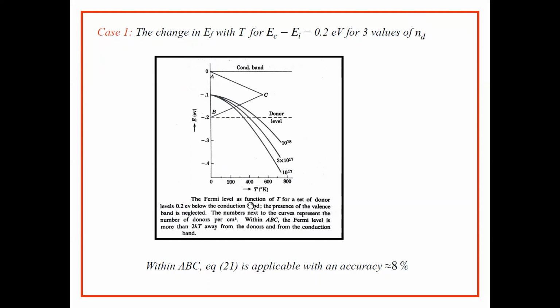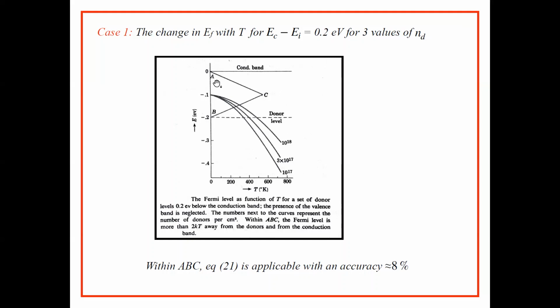So Fermi level as a function of temperature is plotted for a set of donor levels 0.2 electron volt below the conduction band. The presence of the valence band is neglected since we are talking about n-type semiconductors. The numbers next to the curves represent the number of donors per centimeter cube. These are 3 different donor density levels.